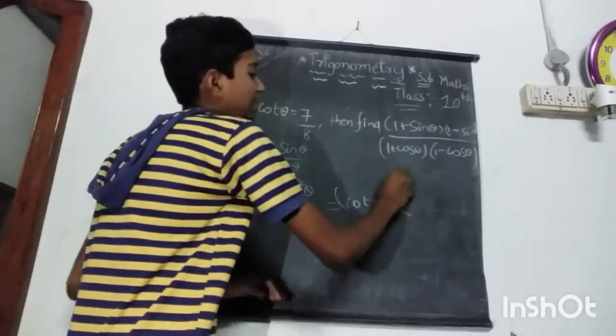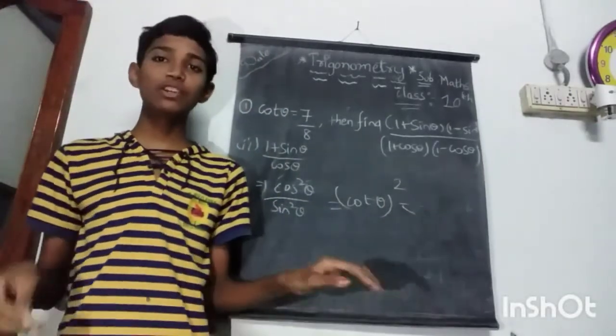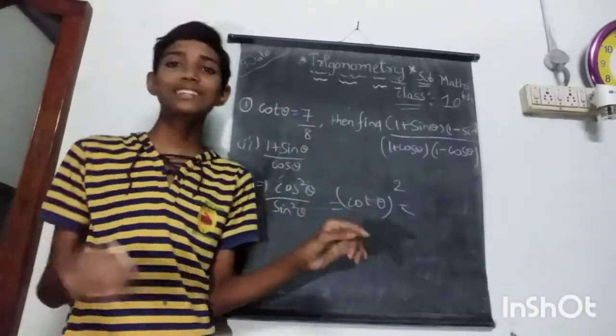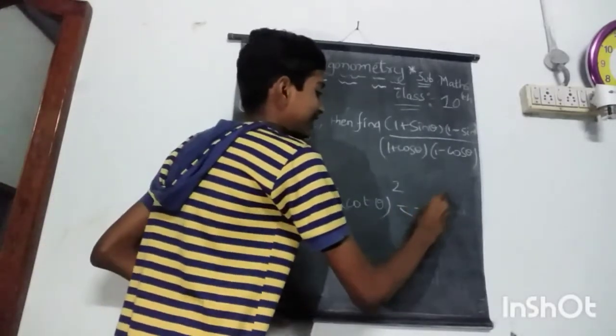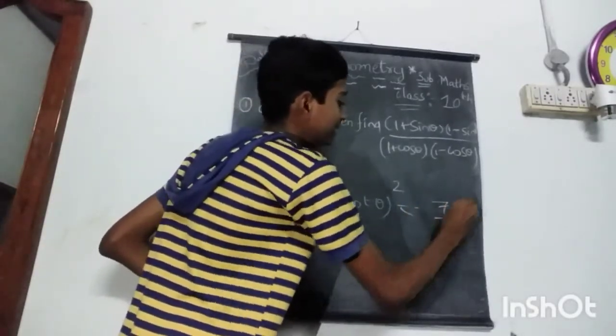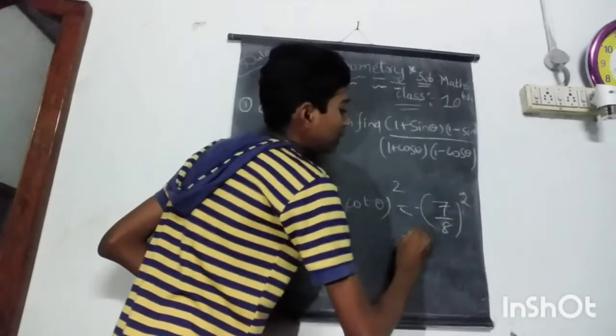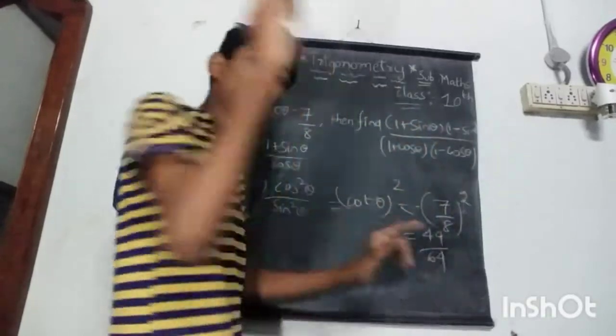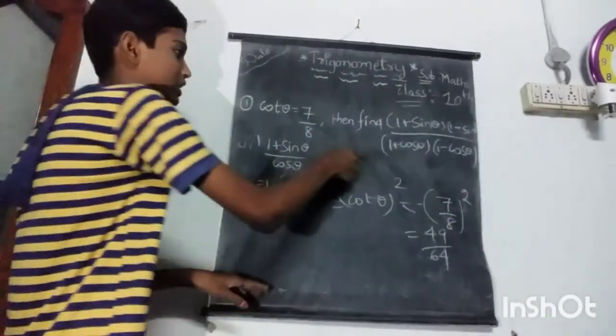Simple. Here already in the question given, we don't have to find the hypotenuse. Given 7 by 8, substitute 7 by 8 whole square, that implies 49 upon 64. This is a simple question.